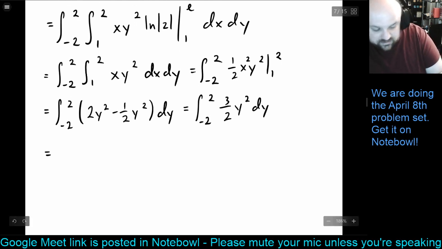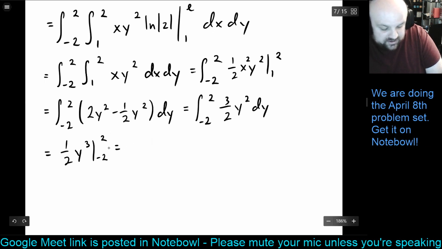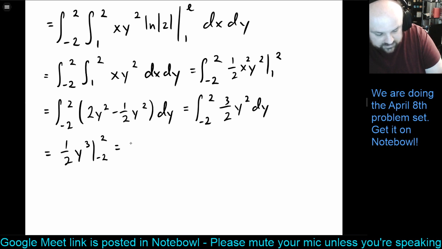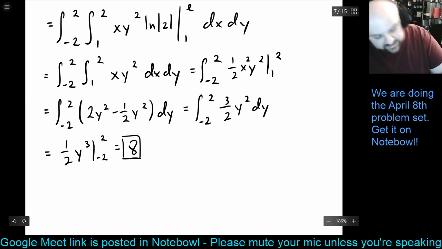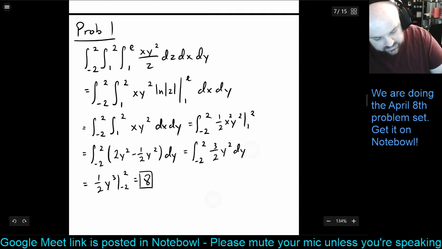And, well, integrate that, we get 1/2 y cubed from minus 2 to 2, which is going to be 8. Yes, 8. Pretty sure that's right.